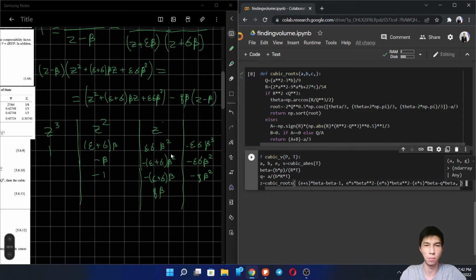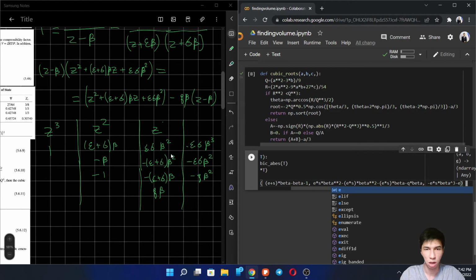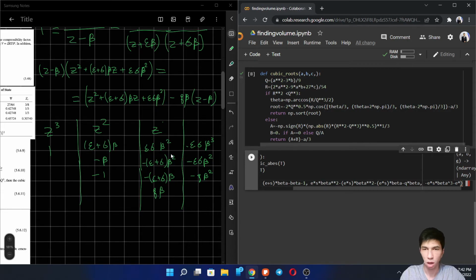So now we have to write the constants. So they're going to be minus epsilon times sigma times beta cubed, minus epsilon times sigma times beta squared.